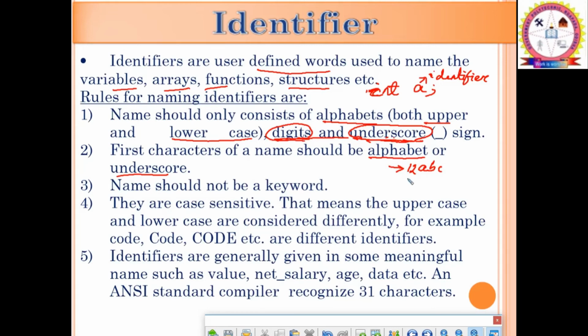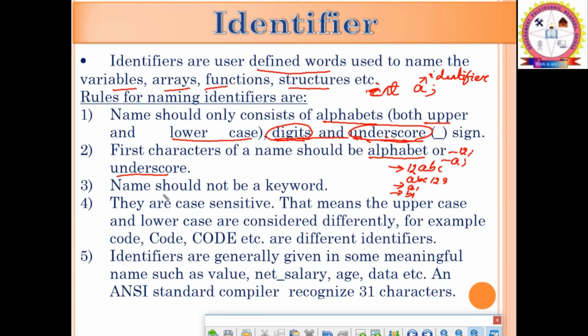This is wrong. But we can give ABC123, A1B1, or _A, or _12. These can be identifiers. This is the rule we have to follow while giving identifiers.